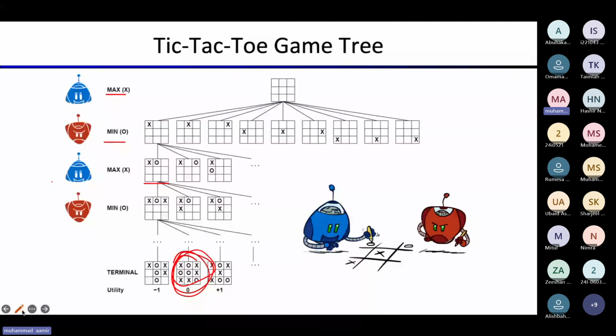The second important point from this slide is the size of this game tree. Even a very small 9-cell board game has a very large search tree. Imagine the board size of the chess game and the search tree size of the chess game.